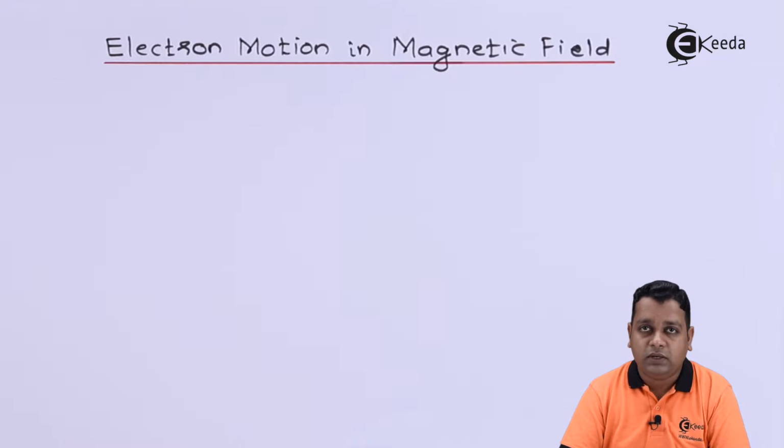When the magnetic field is present, the force exerted onto the charged particle is directly proportional to the velocity of that moving charge. It is also directly proportional to the magnitude of the magnetic flux of that magnetic field, and to the sine of the angle theta.